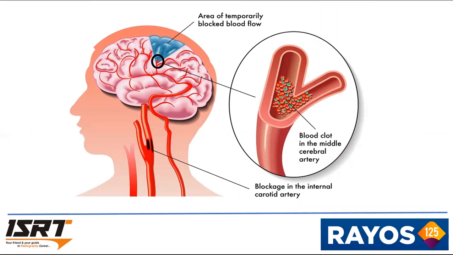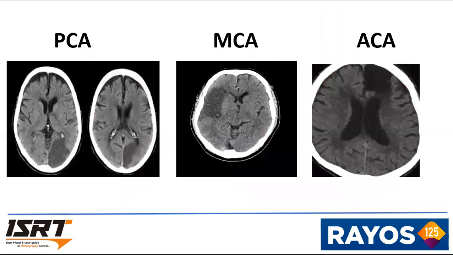Any narrowing or blockage of the arteries supplying the brain may cause a stroke, or ischemic stroke, due to reduced or absent blood supply. So here you can see the posterior cerebral artery infarct.